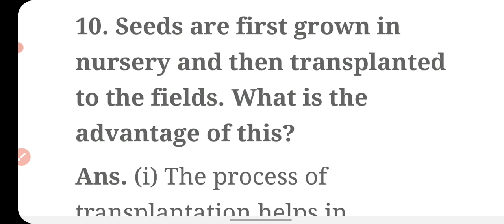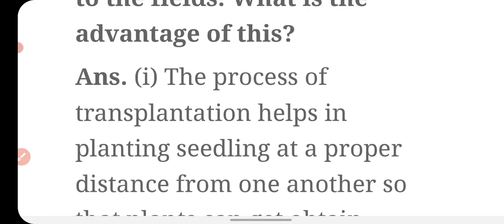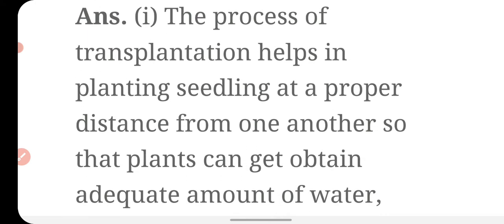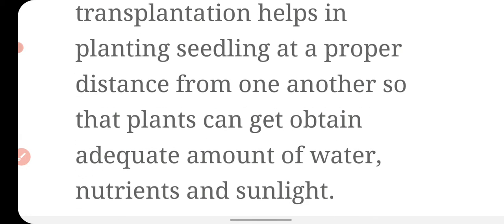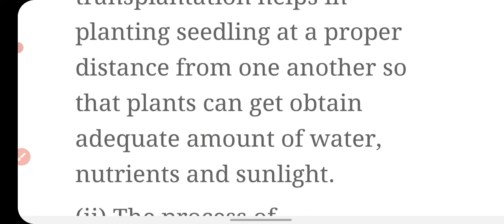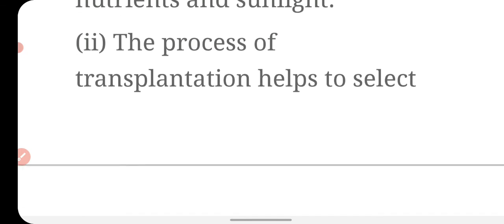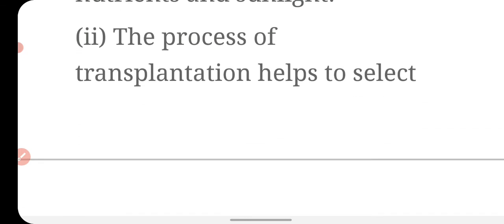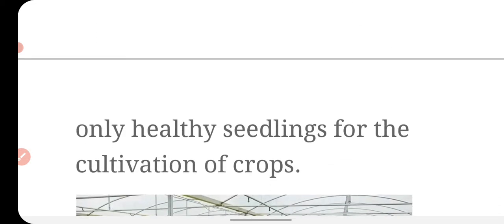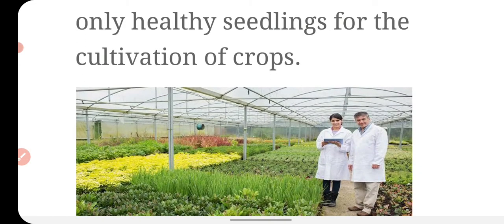Now the next question is, seeds are first grown in nursery and then transplanted to the fields. What is the advantage of this? The process of transplantation helps in planting seedlings at a proper distance from one another, so the plants can obtain an adequate amount of water, nutrients and sunlight. And secondly, the process of transplantation helps to select only healthy seedlings for the cultivation of crops.